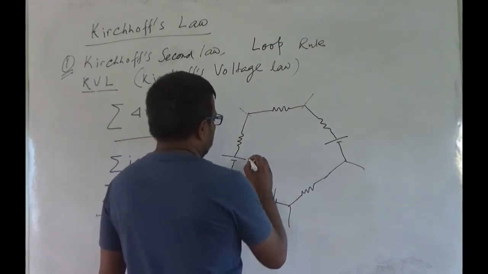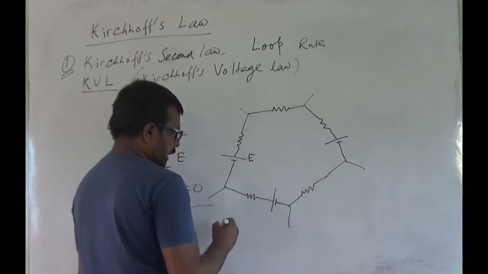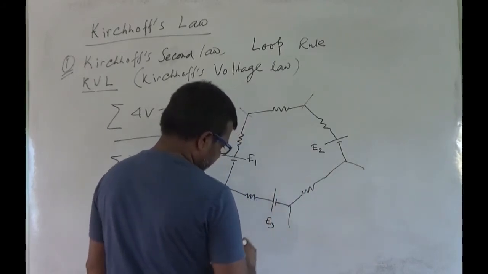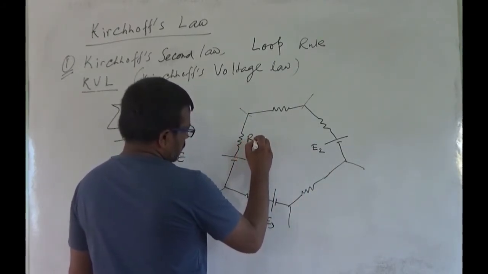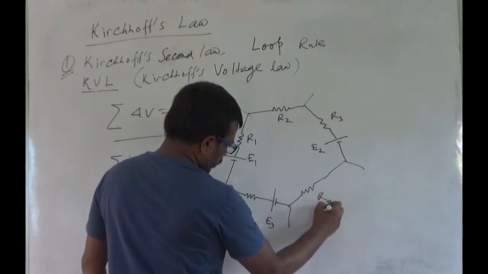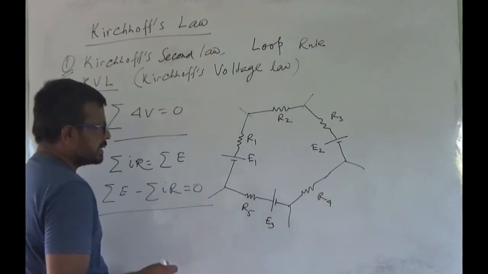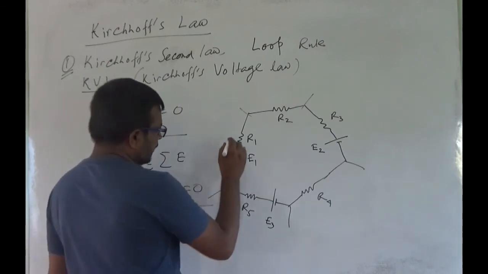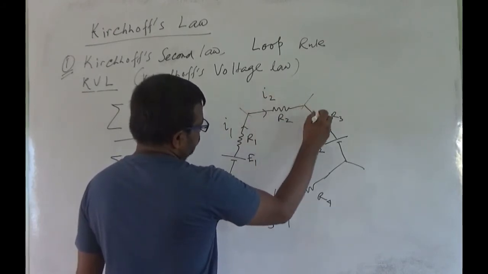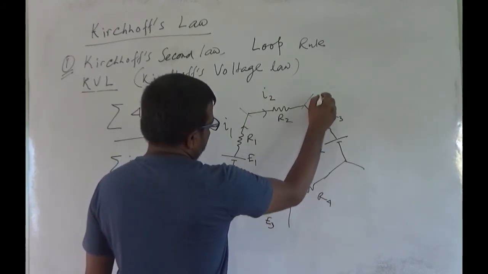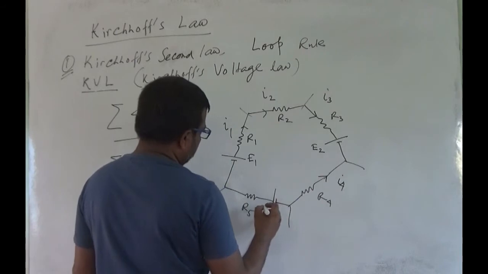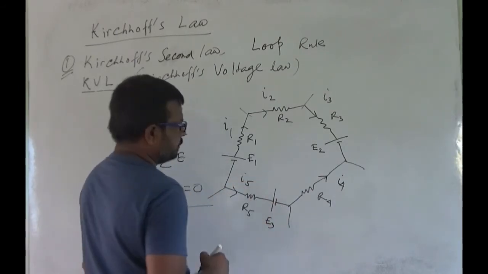Let us say this cell has EMF E1, this cell has EMF E2, and this cell has EMF E3. The resistances are R1, R2, R3, R4, and R5. Let us say the current through this branch is I1, through this branch is I2, through this branch is I3, this branch is I4, and through this branch is I5.